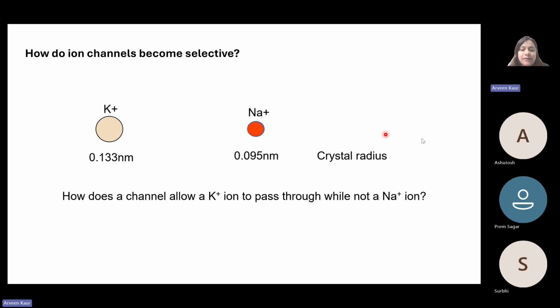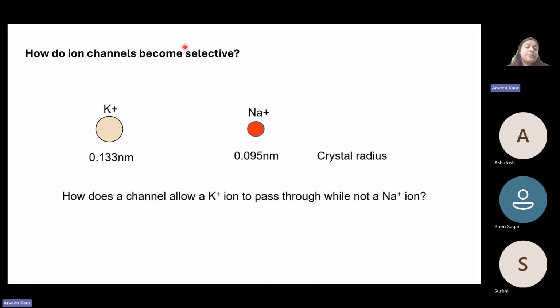So how does this happen, right? Is there some chemical moiety that helps in binding to it, which is selecting sodium and not potassium, or potassium and not sodium, right? Is it happening like that, or what is happening, right? So the earlier thing that I explained, that there will be a particular sieve size maybe which will let one ion pass and not the other.